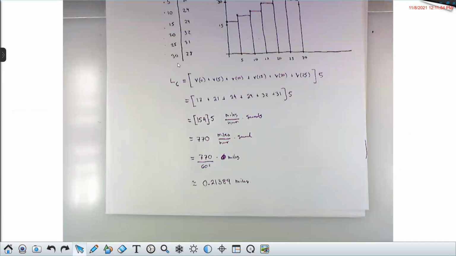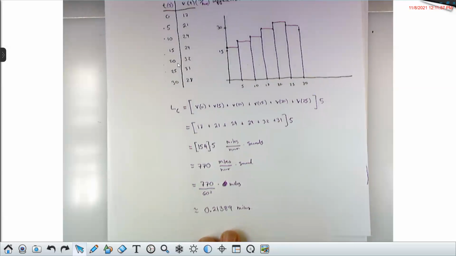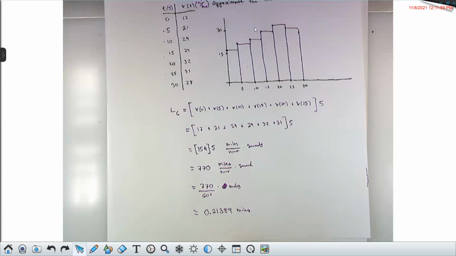Now, one thing that's not obvious here, because this velocity function is not always increasing, nor is it always decreasing, it does a little bit of both, is whether this is an overestimate or an underestimate. We know it's not exact.